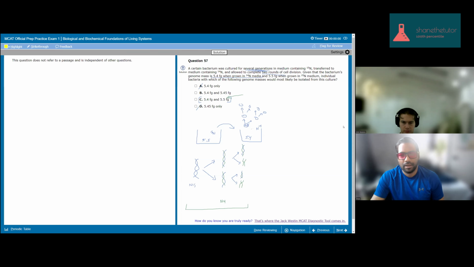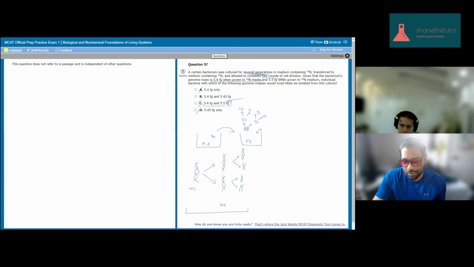Because once it starts, we essentially have a much larger amount of the N14 one. So C would be if there were an equal amount, but now I would go for B because we know that there's going to be more of the N14, more of the lighter one.